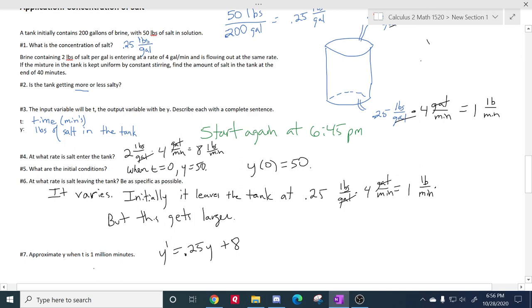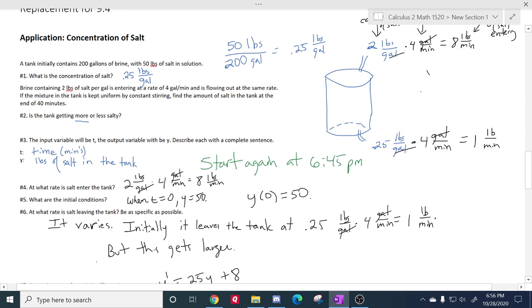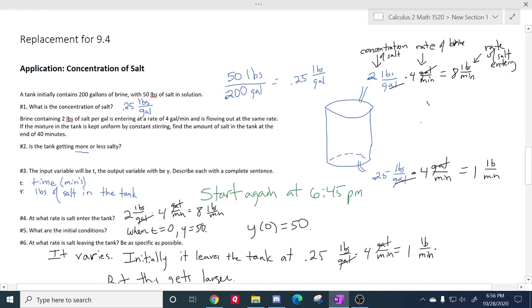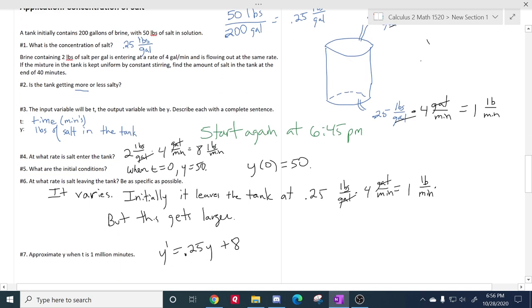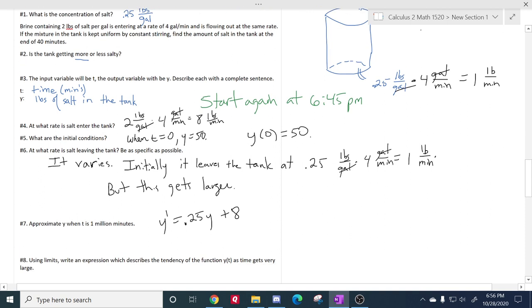And after a really, really, really long time, is the concentration of salt in the tank still going to be what it started at, about 0.25? Or, well, we had decided it was getting more salty. Does it get infinitely salty, or does it top out at something? And so can we approximate this with an actual number?